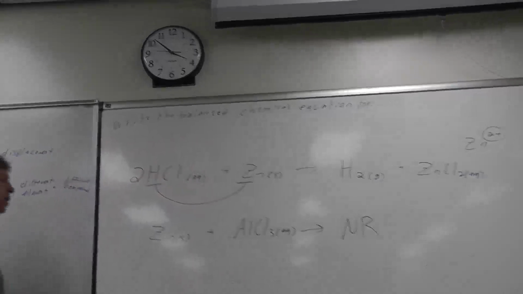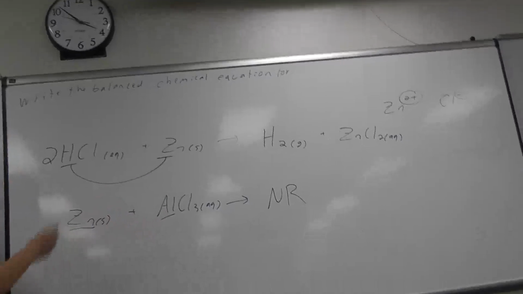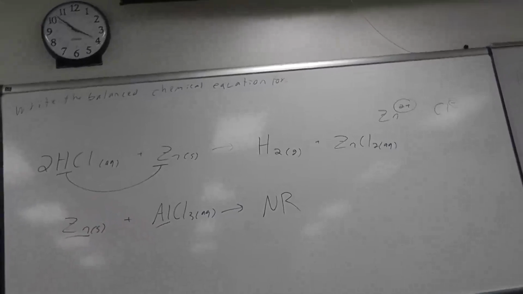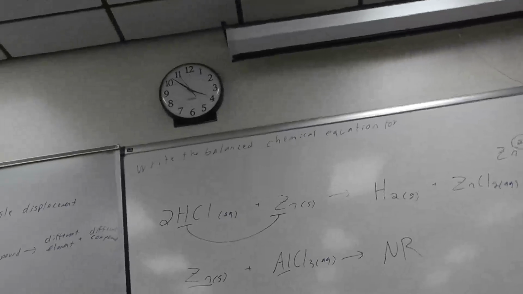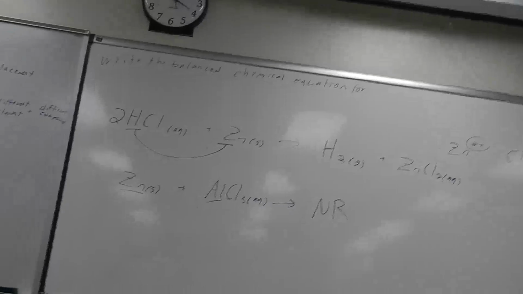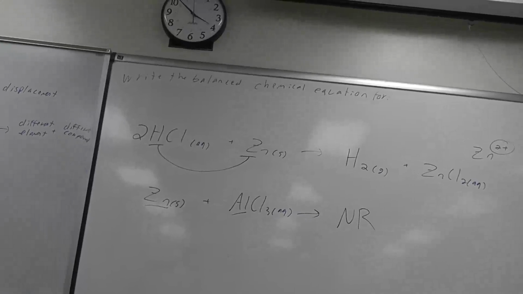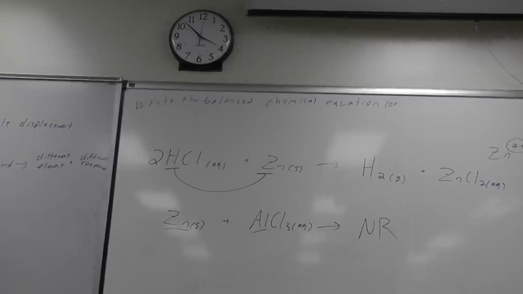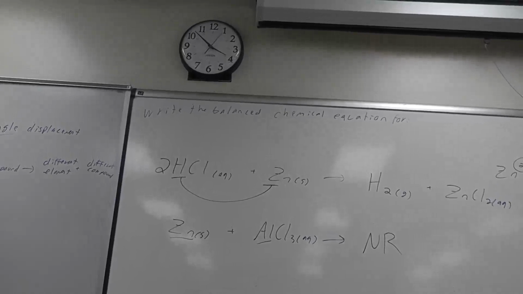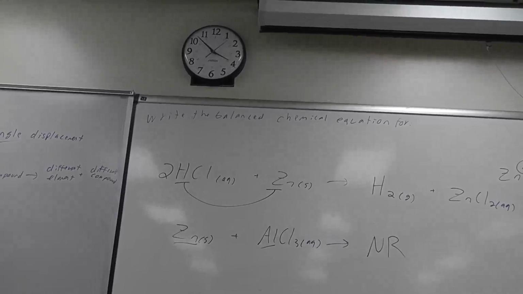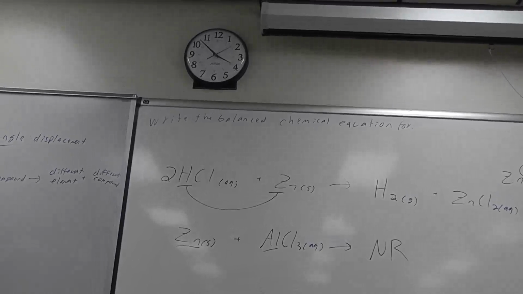If you're comparing zinc and aluminum, aluminum's higher ranked. Aluminum is 2 spots above zinc. So aluminum is higher. And that means it gets to be the one in the compound. And it's already the one in the compound.